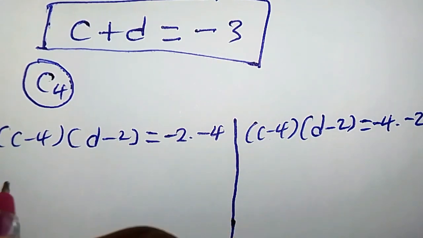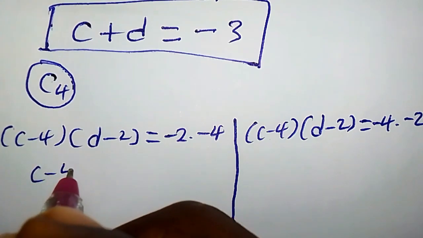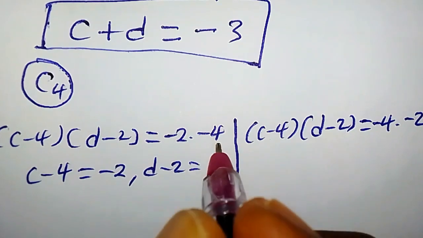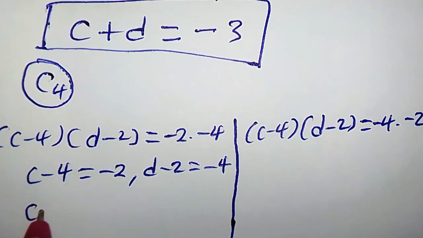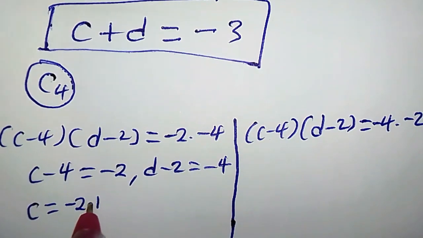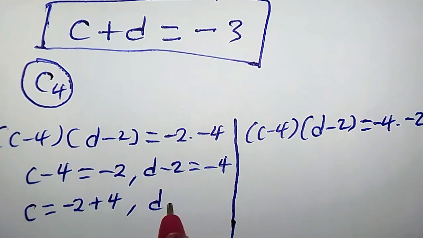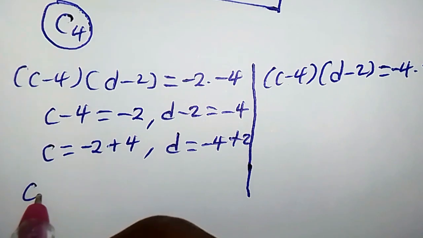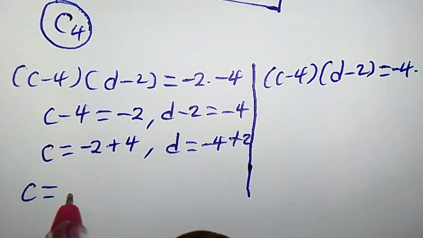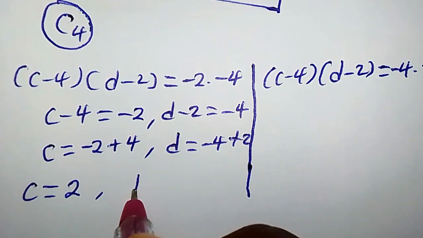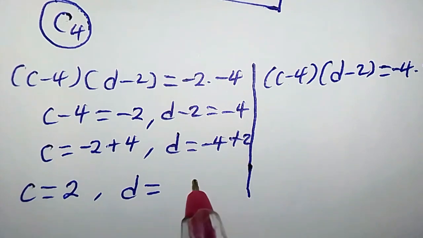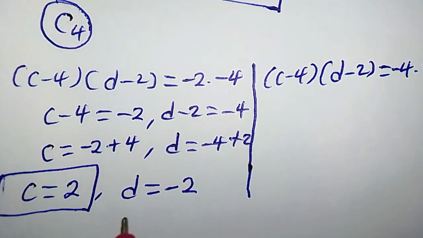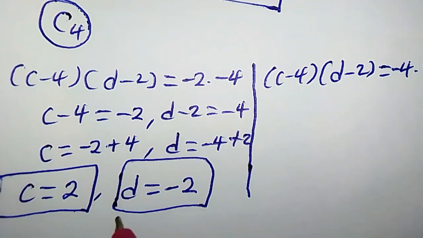From this line, if we compare, that will be C minus 4 equal to minus 2, and D minus 2 equals minus 4. C equal to minus 2 plus 4, D equal to minus 4 plus 2. C is equal to 4 minus 2, that is 2. D equal to minus 4 plus 2, that is negative 2. This is the value of C, and this is the value of D.